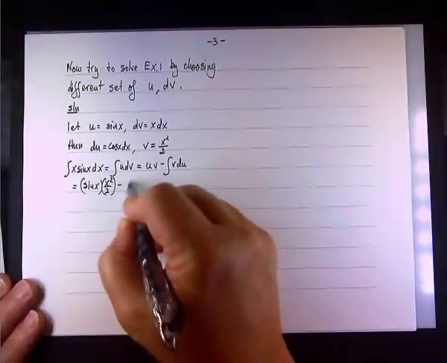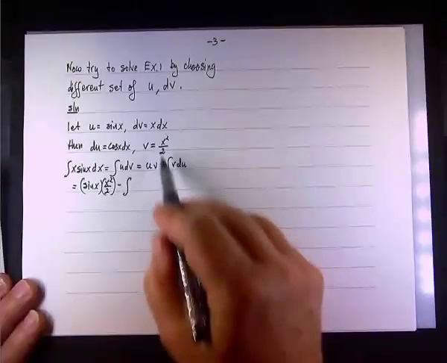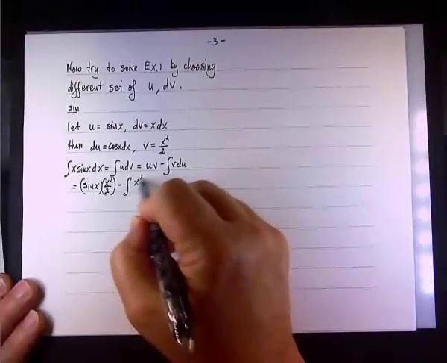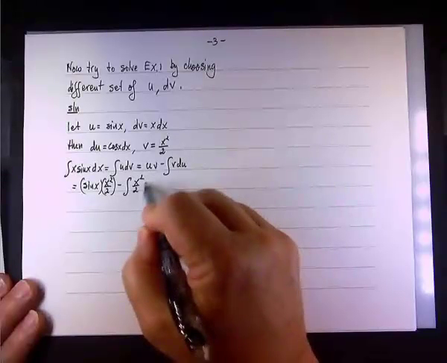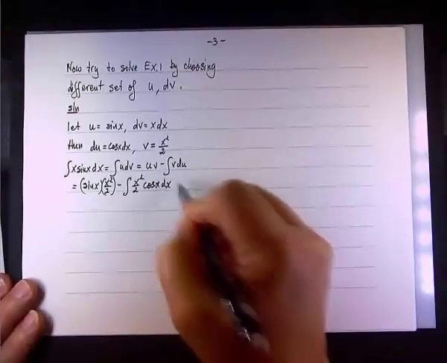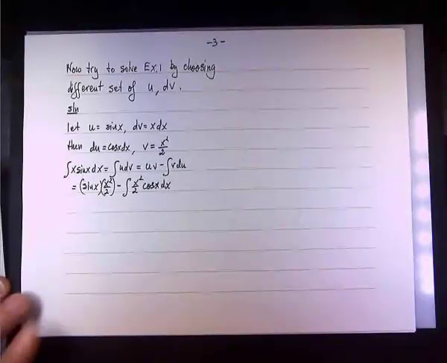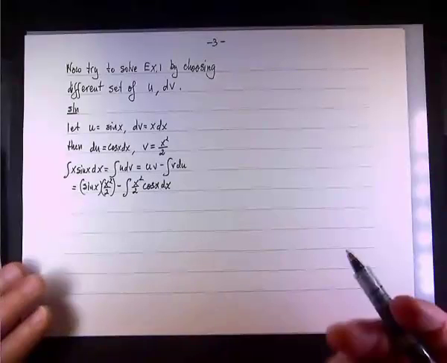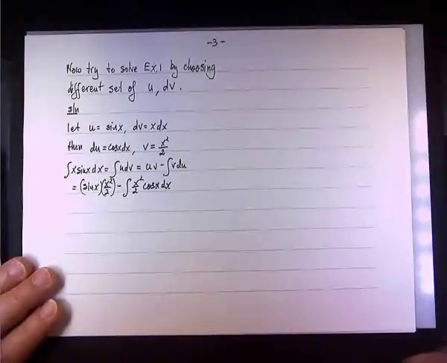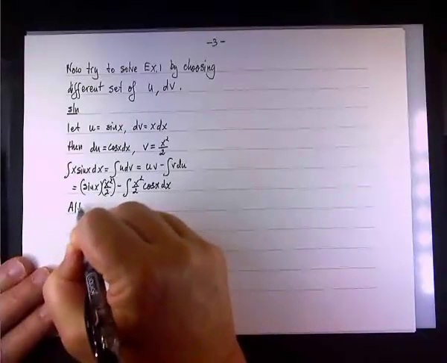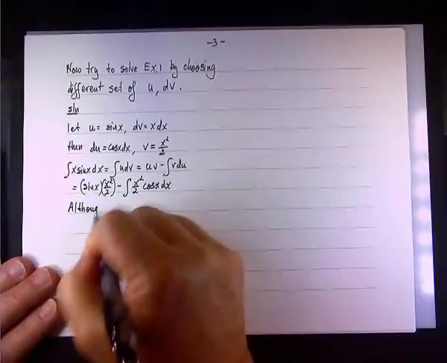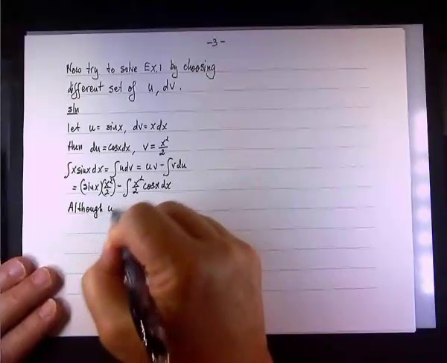minus the integral of v du, minus the integral of x squared over 2, and du is cosine x dx. Now, you can solve that, but it's more involved. So, although we can solve it, it's a poor choice of u dv.